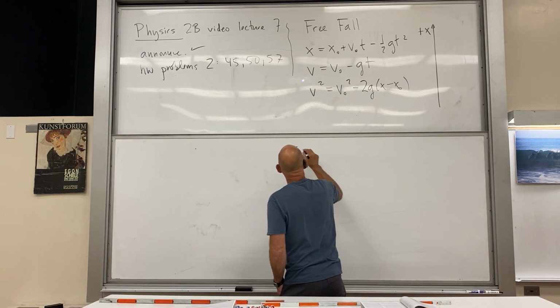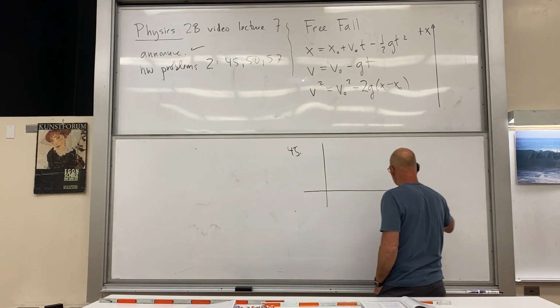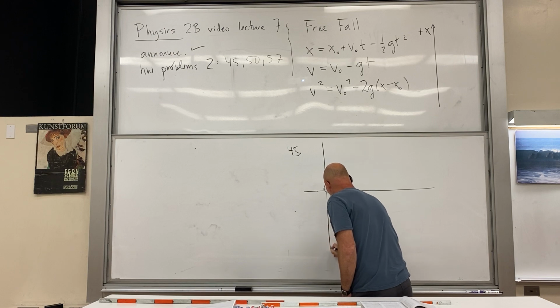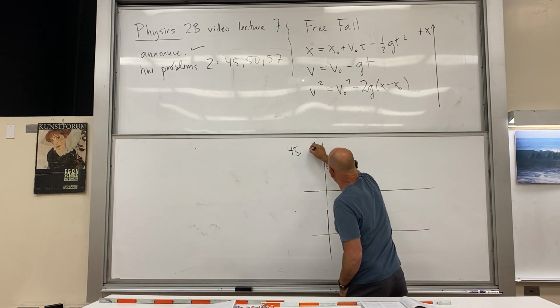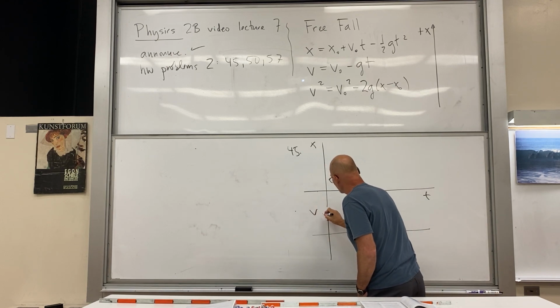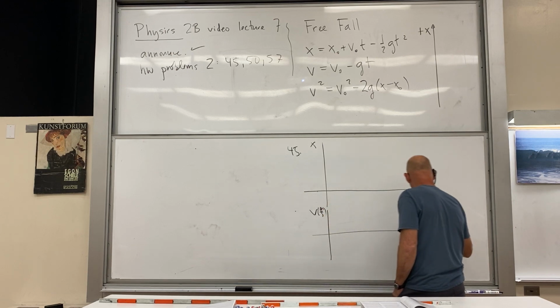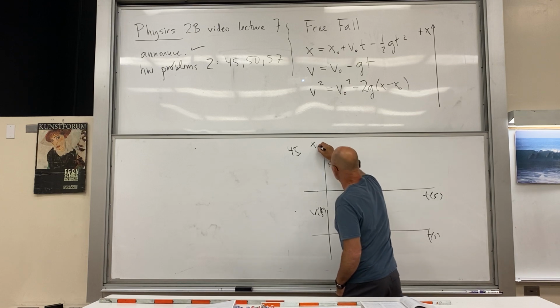We'll graph problem 45, and then you can remember how to do the analysis. I'm going to graph position versus time and velocity. This is in meters per second versus time in seconds, and this is in meters.